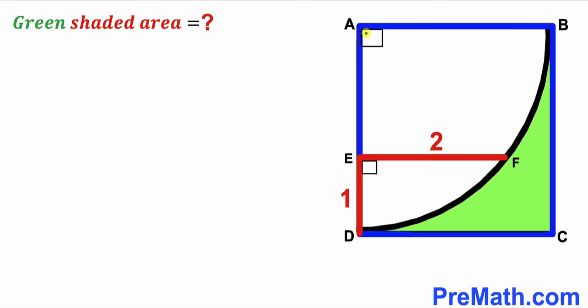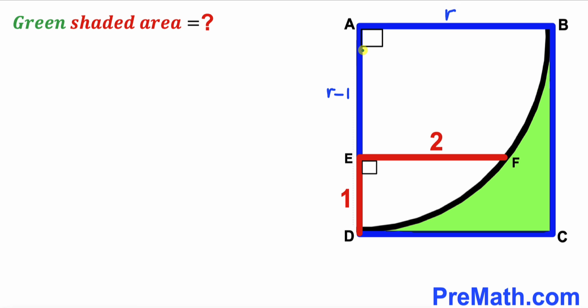So I'm going to label this AB side length as radius lowercase r, and likewise this side AD length as lowercase r as well. Now we know that this tiny segment DE length is 1, so this segment AE length is going to be r minus 1.